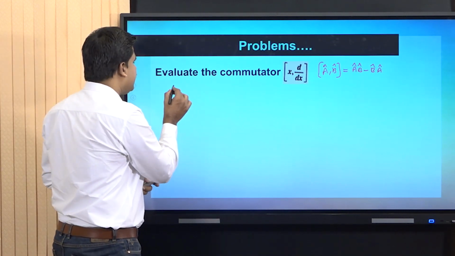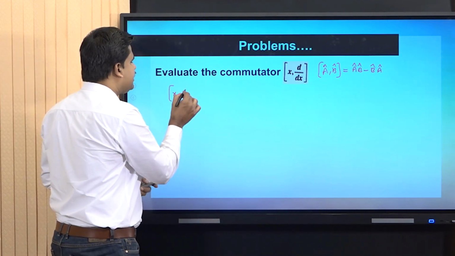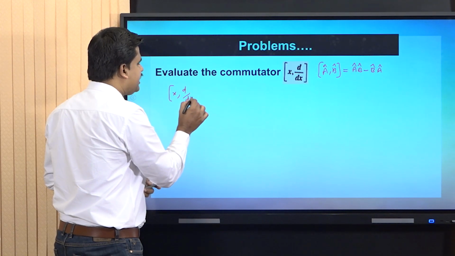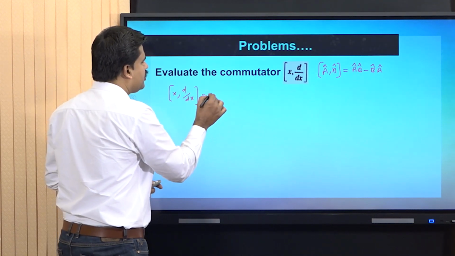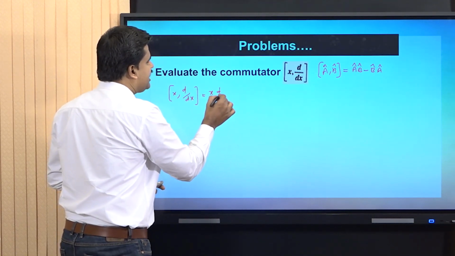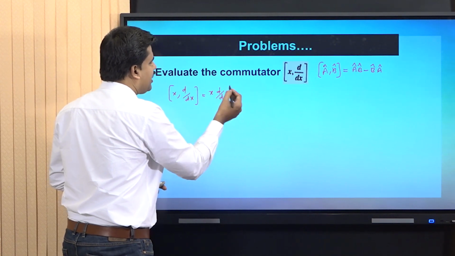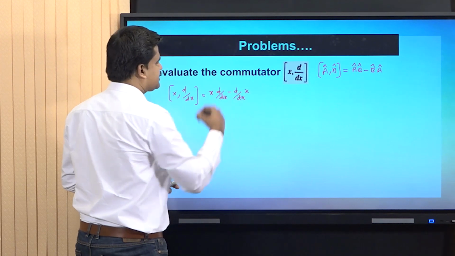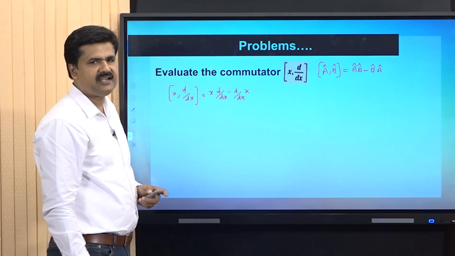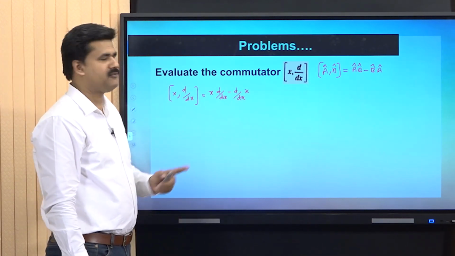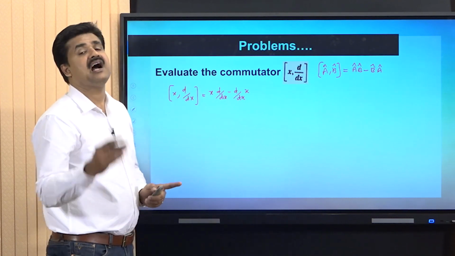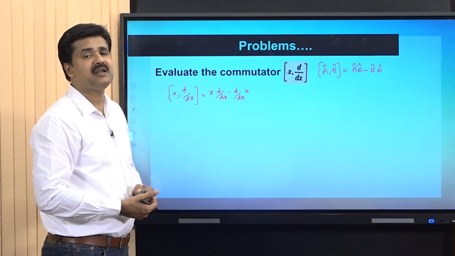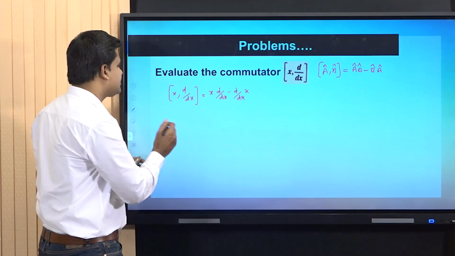Proceeding in the similar way, commutator x, d by dx equal to x into d by dx minus d by dx into x. For this operator to be valid, I have to put a function, namely f of x, on both the sides.